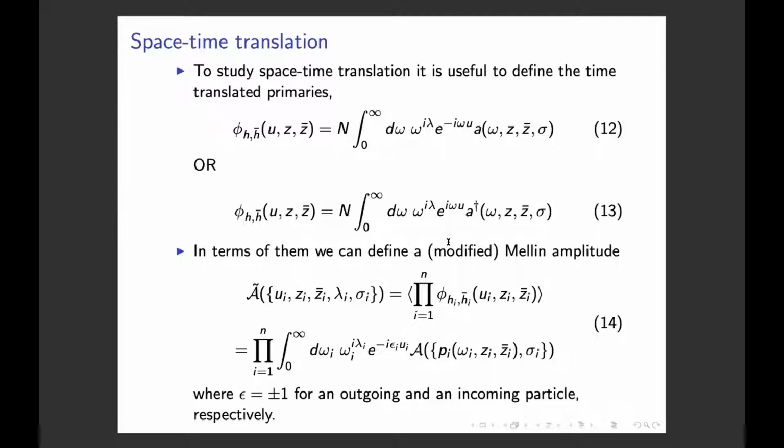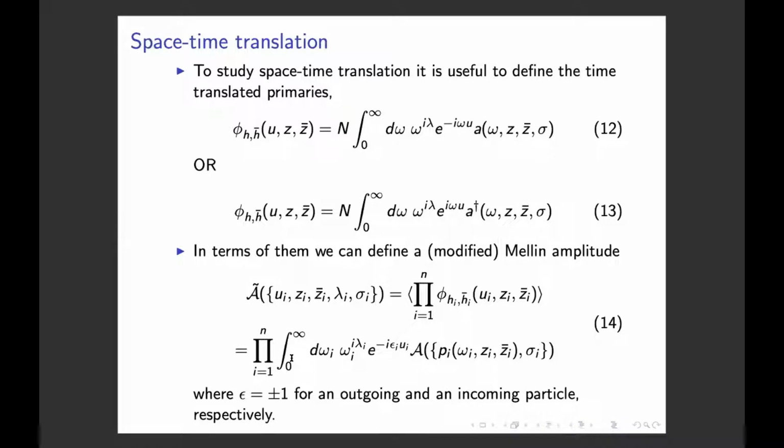Now you can also define an A tilde, which is just defined as a correlation function of these phis. But now these phis depend on U, Z, and Z bar. So this A tilde now also becomes a function of this U, Z, Z bar, lambda, and this sigma, which is the spin.